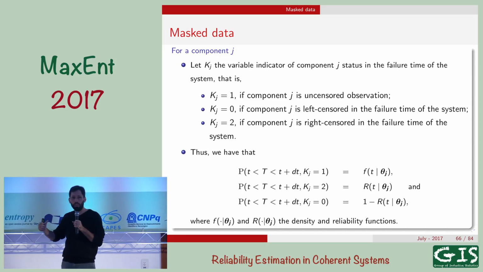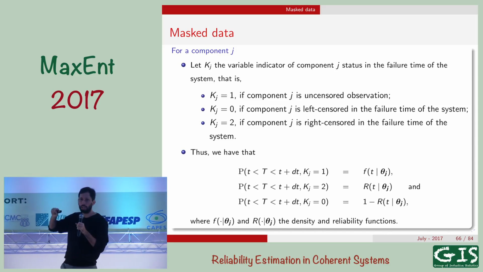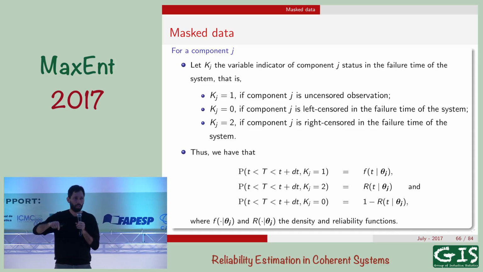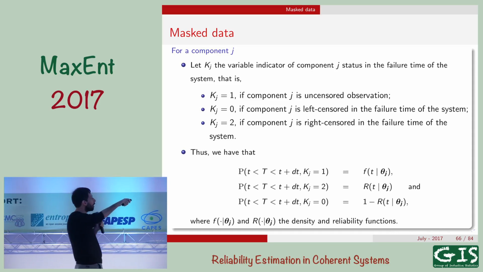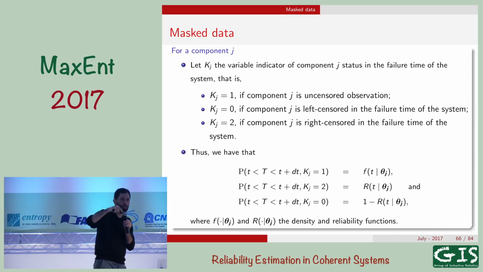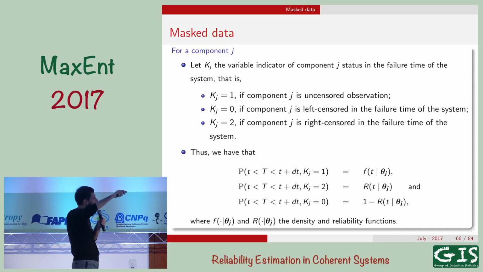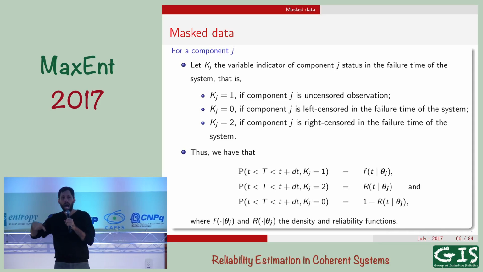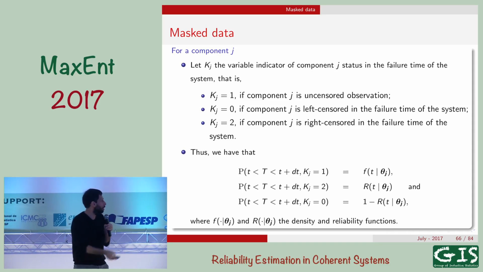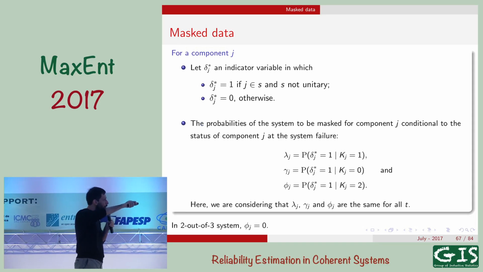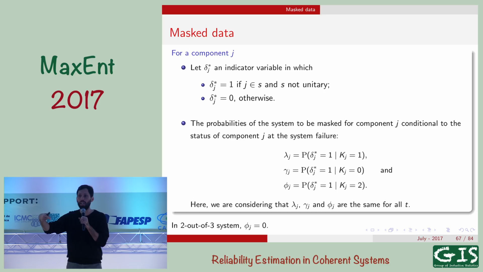Yesterday we had a delta value that was working, not working. Now for the component, it is not whether the component is working or not working. Now it is whether this component was one sensor, the left sensor, or the right sensor. After that, I also need to know whether it was responsible for the failure or not, whether it is inside this masked structure or not.